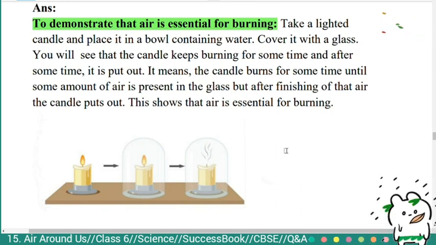We'll see that the candle keeps burning for some time, and after some time it is put out. It means the candle burns for some time until the amount of air present in the glass is finished, but after finishing of that air the candle puts off. This shows that air is essential for burning.